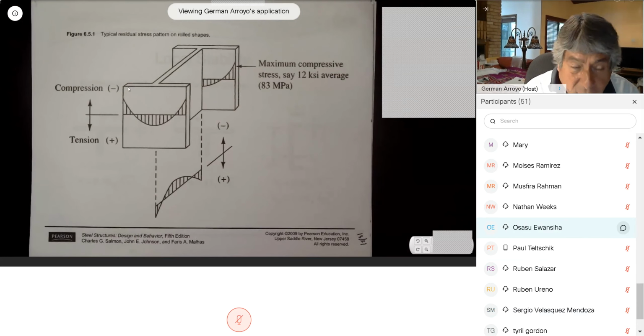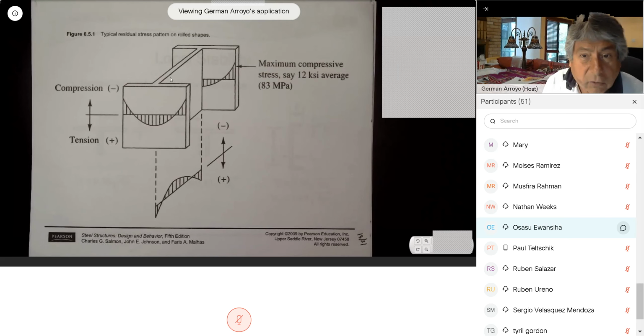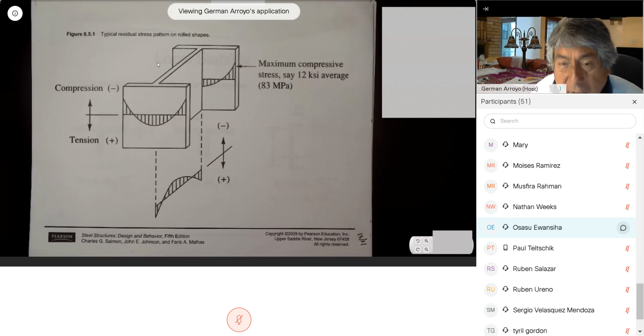As a result, there is uneven cooling, because these flanges are exposed to the air more than the intersection. This is exposed to the air more than that. So as a result of uneven cooling, there are residual stresses in the cross-section that we don't see.